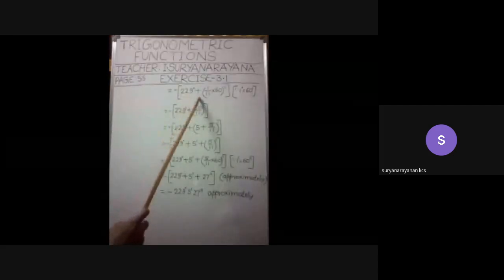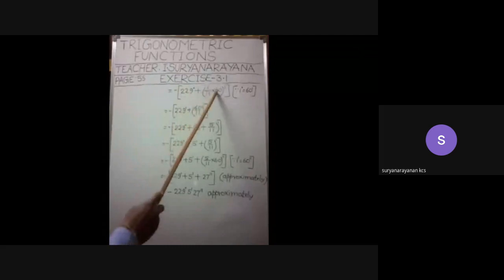That is equal to minus of 229 degrees plus 1 by 11 into 60 minutes. Here we converted this part into minutes because 1 degree is equal to 60 minutes. 1 by 11 degrees is converted into minutes.